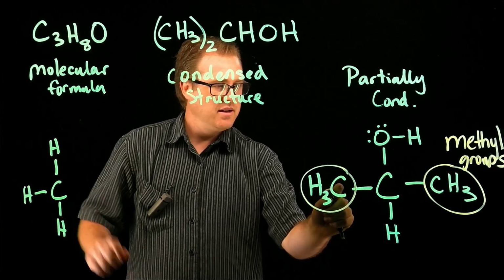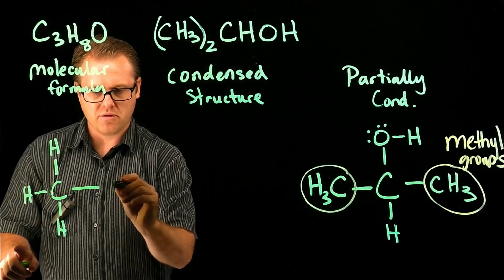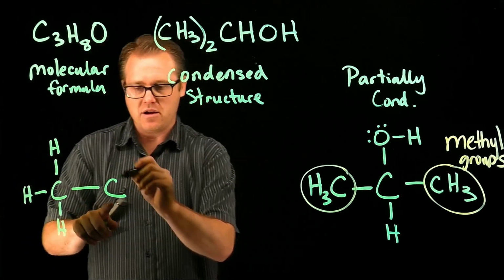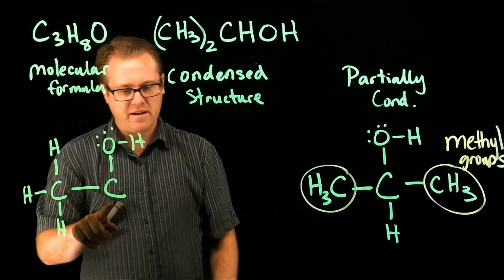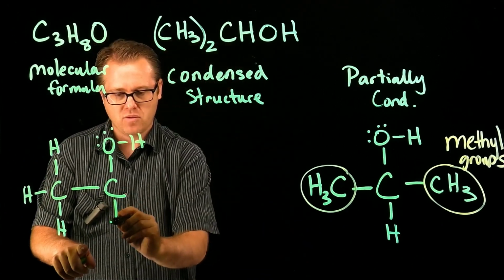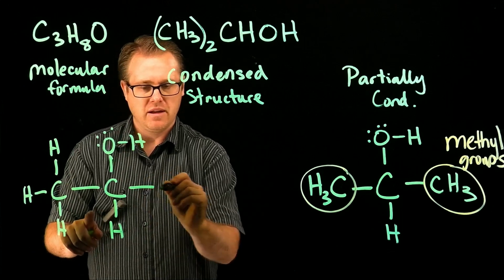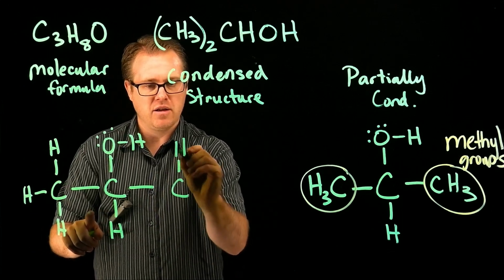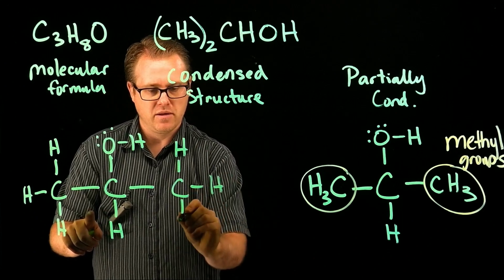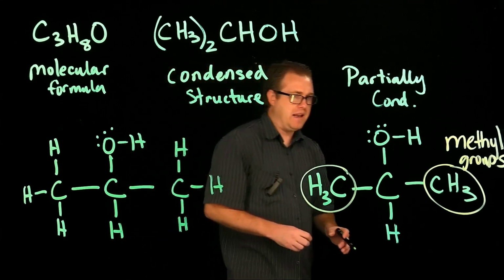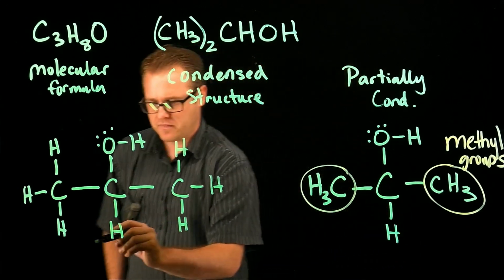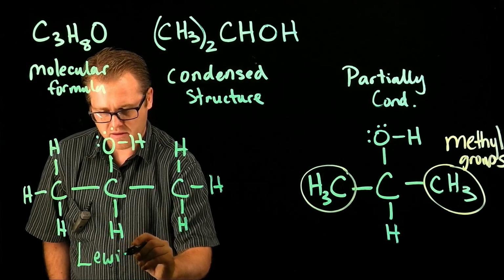That carbon is bonded to another carbon, so I'll draw that. And that carbon is bonded to an oxygen atom like so. It has 1 hydrogen and then another methyl group. So there's isopropyl alcohol in its Lewis structure, completely just drawn out.